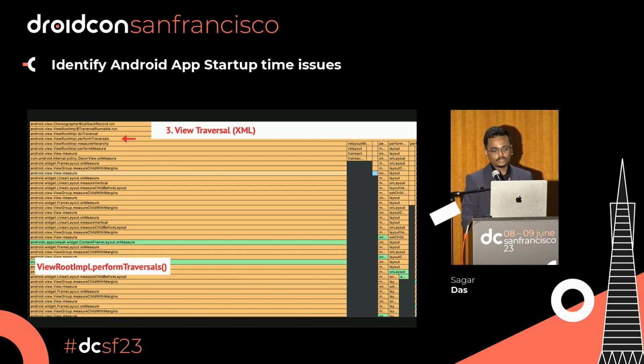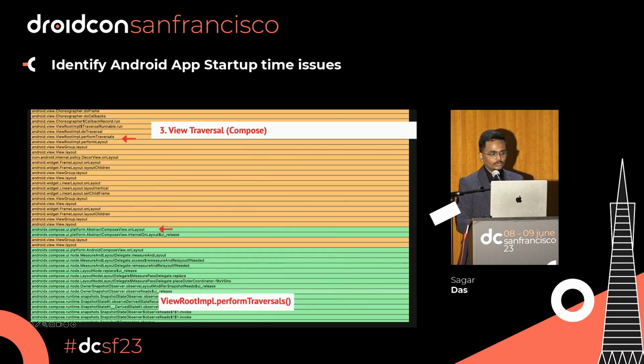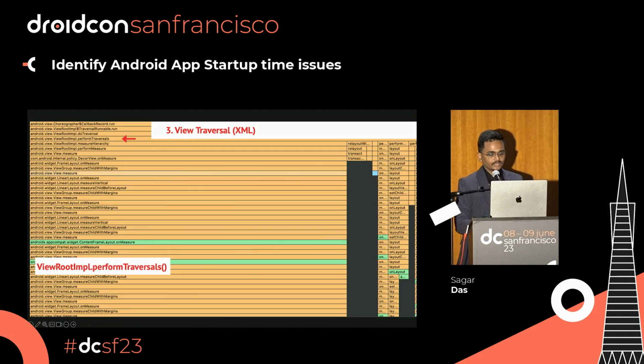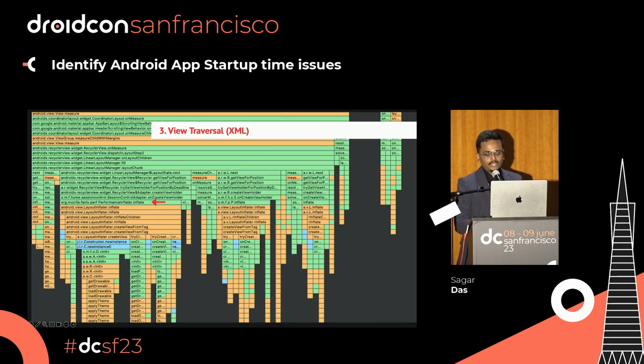Here's a look at how it looks on XML screens and how it looks in Compose. The only difference is in Compose, you're going to see the Compose UI and the runtime being rendered, versus in XML it is going to be frame layout onMeasure and stuff like that. Once you scroll way down, you're going to see calls to the methods which are applicable to your particular app.